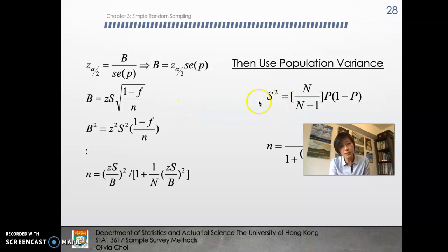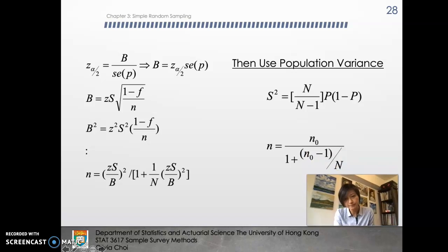Okay, so S squared is equal to the true population proportion times 1 minus P multiplied by n over n minus 1. Okay, this is the relationship between the true variance sigma squared and the population's estimated variance. So they are in the relation of n to n minus 1.